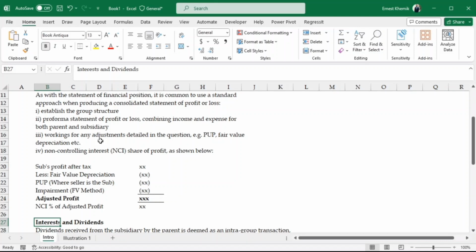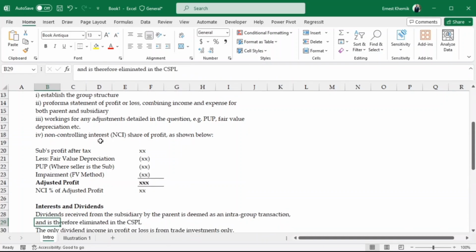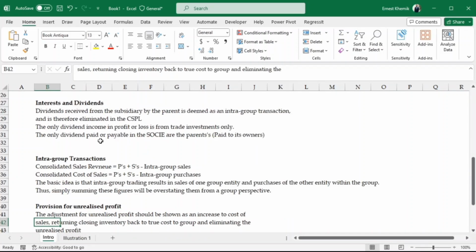Take note of that. So we also have workings for any adjustments that we may do, which we have looked at already, and then that is going to end the video on this particular introduction to consolidated statement of profit or loss.